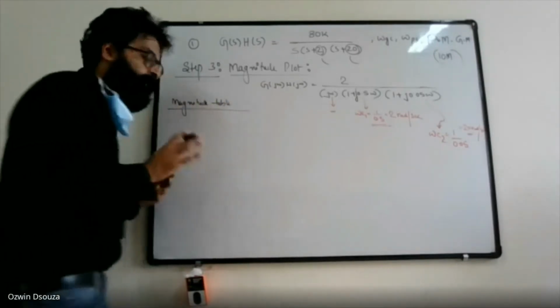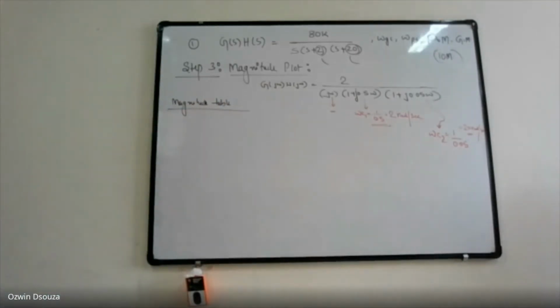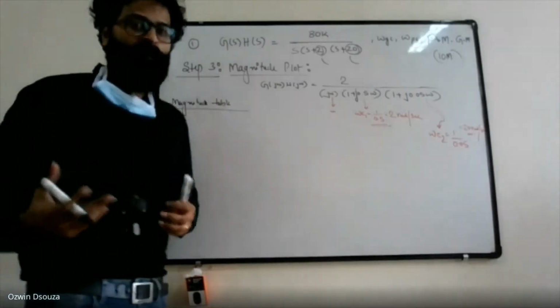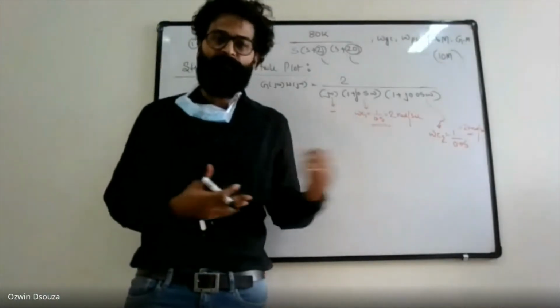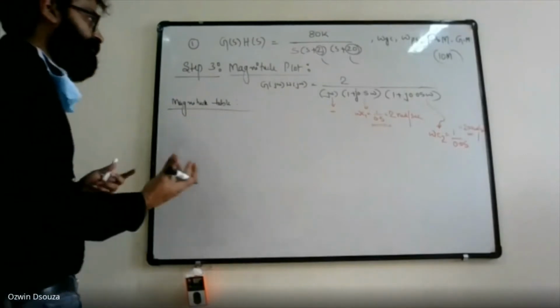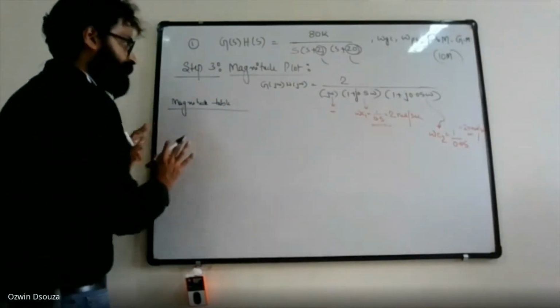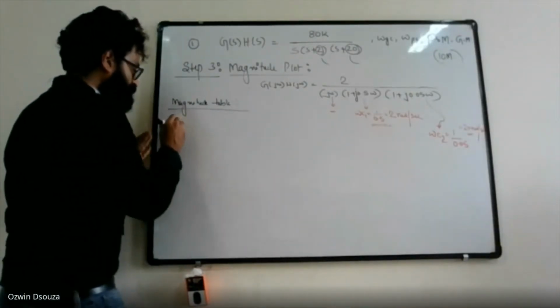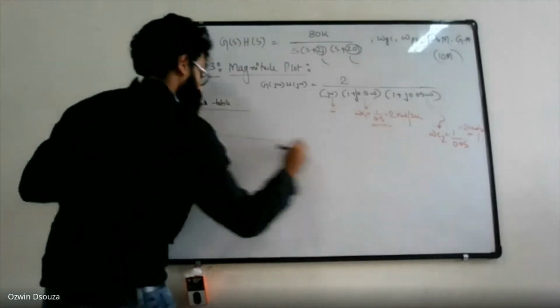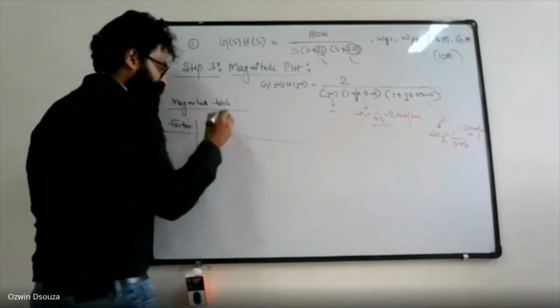So over here, I want your undivided attention. If you don't pay attention, you will not understand my method, because books will have different methods. This is my own method, which I'm pretty comfortable in drawing the Bode. All right. So please pay attention. So what we will do, first we will write factor, and then corner frequency omega.